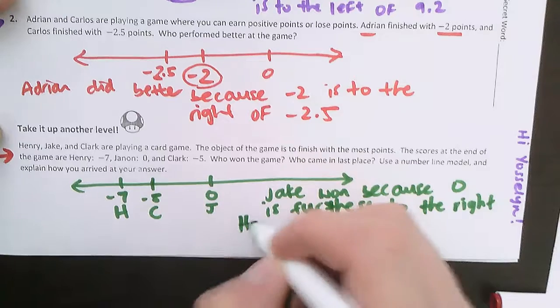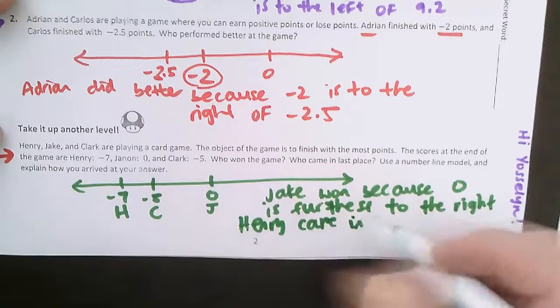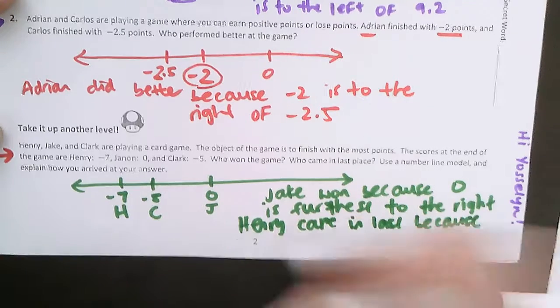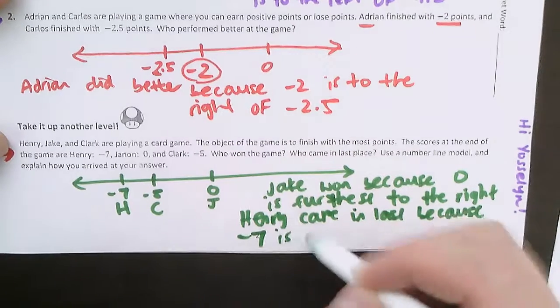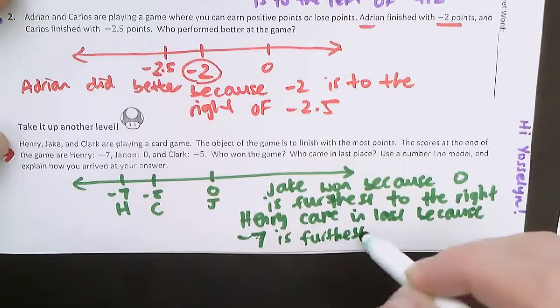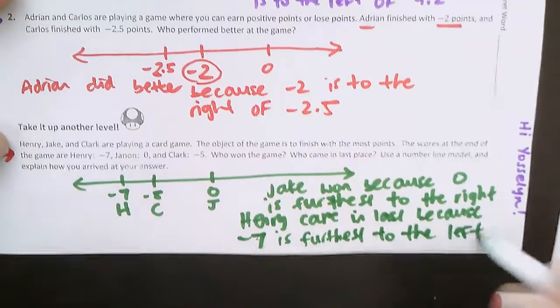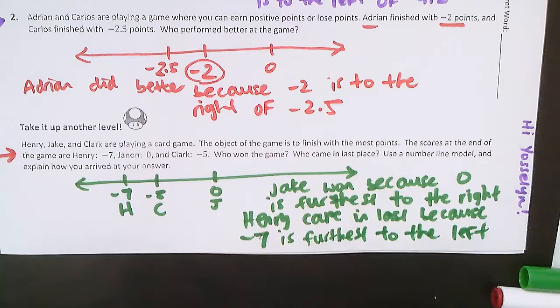And I would say Henry came in last because -7 is furthest to the left. All right, if you got that all on your own, 2 gold mushrooms for you.